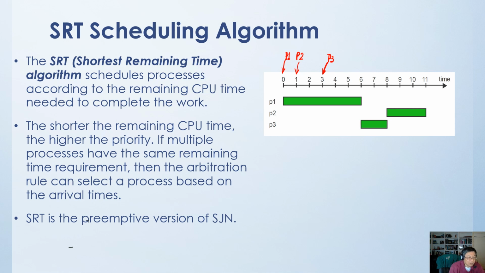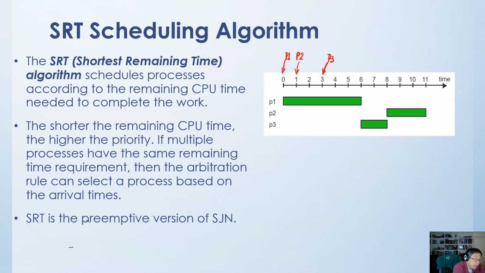But it seems like the improvement is still not so good, right? The main reason is because we still have the process with the longest CPU time finish the job first before the other two, the processes with a short CPU time. So how can we avoid this?